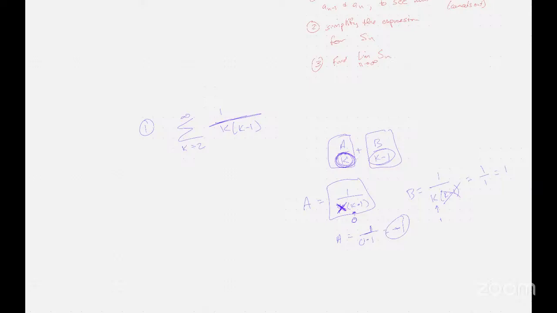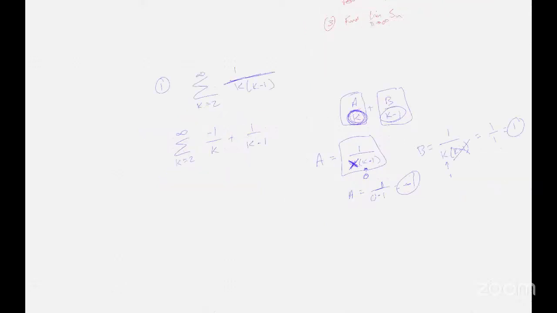So I can rewrite this as the sum as K goes from 2 to infinity of -1 over K plus 1 over K minus 1. Now we're going to try to find the telescoping. We write out several terms of this, which is like your A sub n term.